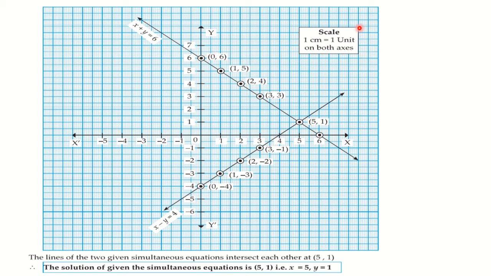And don't forget to write the scale, that 1 centimeter is equal to 1 unit on both the axes. This is important. Here in graphical method, there are chances of losing marks. If you are not writing equation, you will lose half mark. If you are not writing scale, you will lose more half mark.